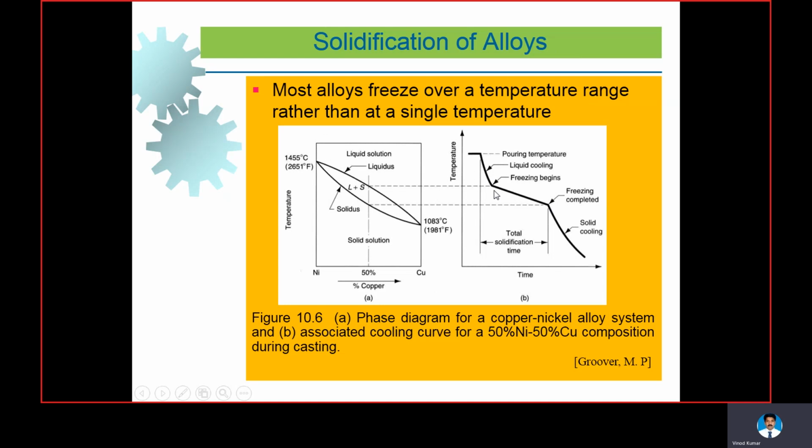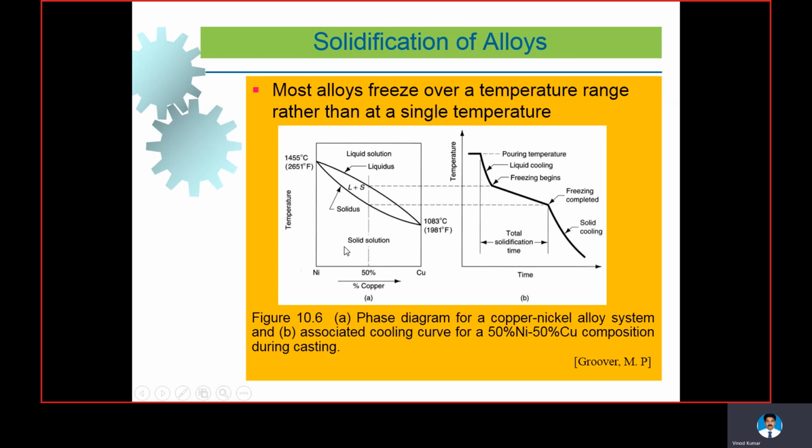This happens in alloys like steel. So after pouring, the temperature reduces consistently. At a particular temperature, freezing starts, and then freezing ends over a temperature range, and then the solid gets cooled. So total solidification time is the time from pouring to the time at which there is 100% transformation of molten metal to solid.